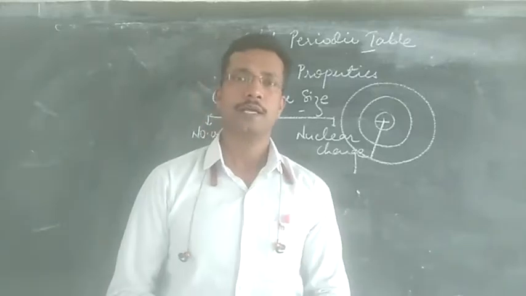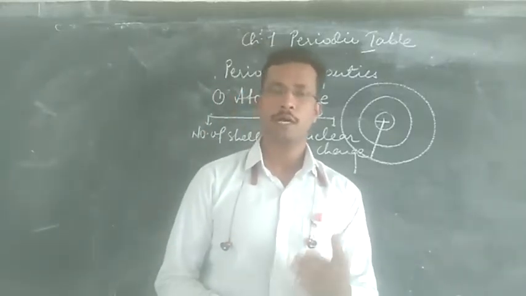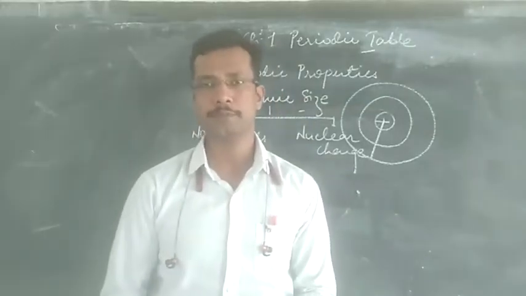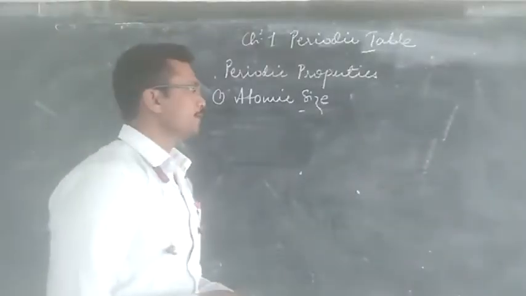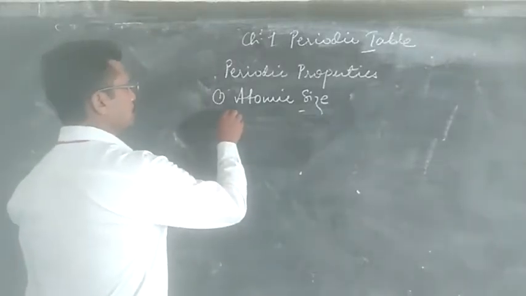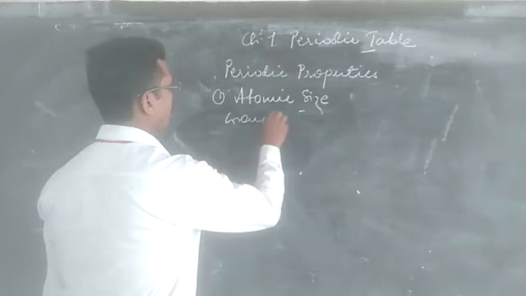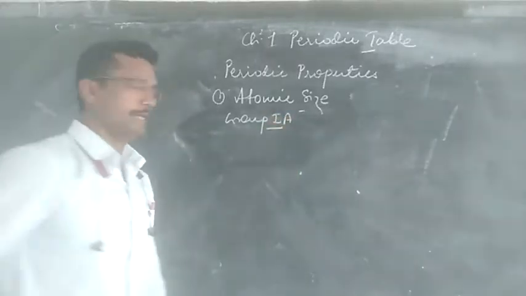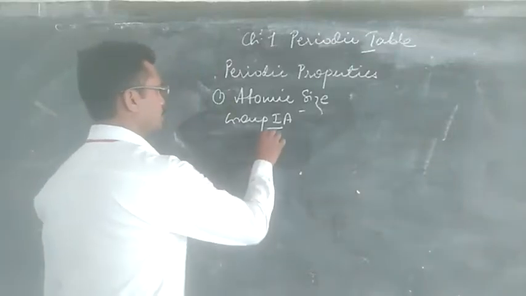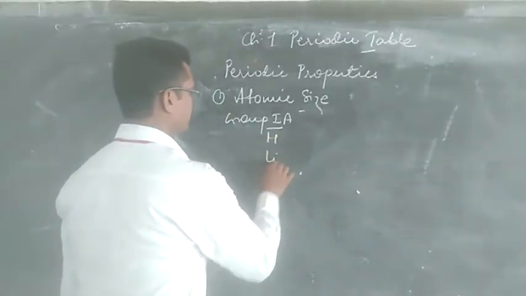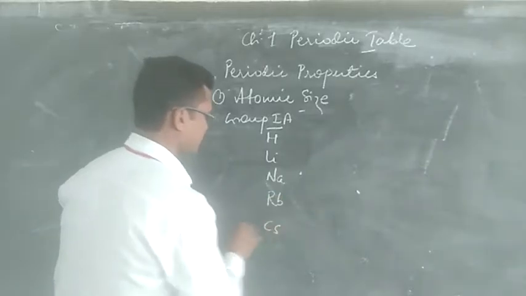So let us see how atomic size varies on moving down the group and also on moving across the period. First, how does atomic size vary on moving down the group. I have taken an example of elements of group 1A, where we have hydrogen, lithium, sodium, potassium, rubidium and cesium.